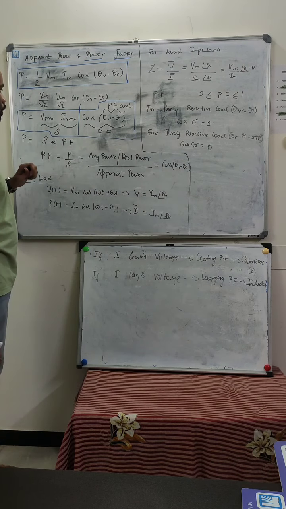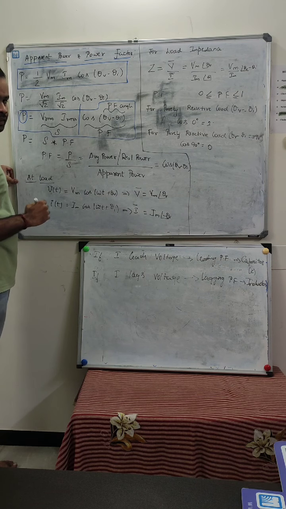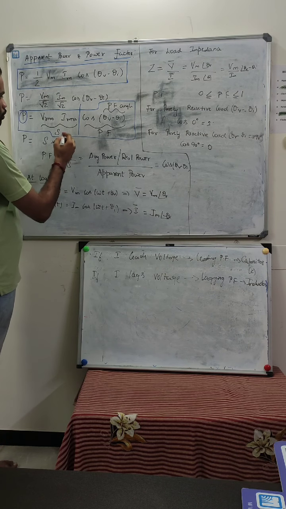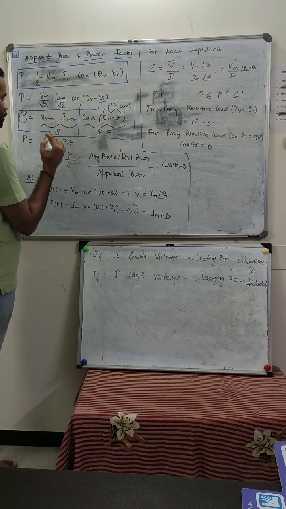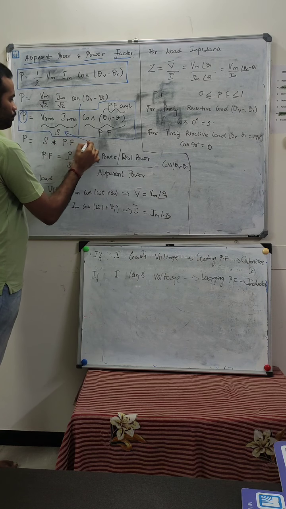Okay, there are two things which should be noted. The one on the left hand side is generally called the average power or the real power, and it is the combination of two things. One is S and the other is the power factor. So what is S? S is generally called the apparent power.